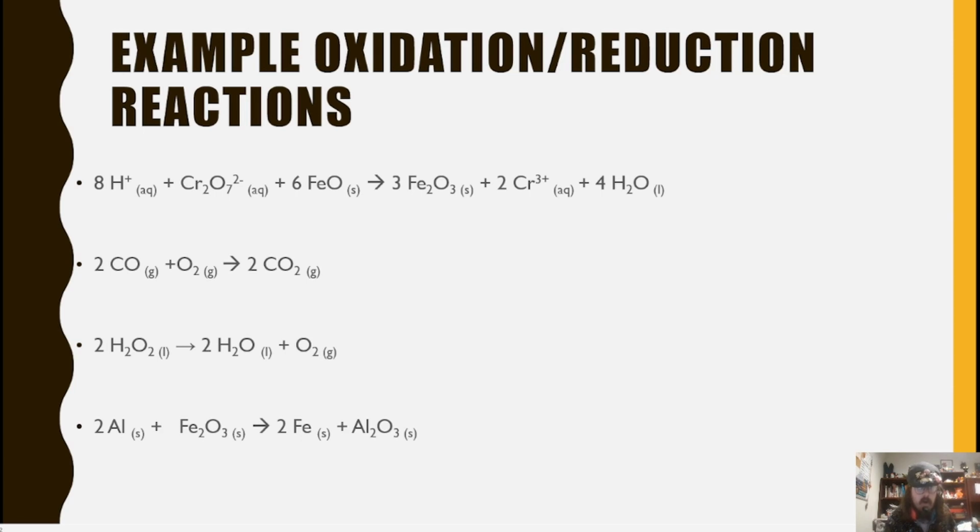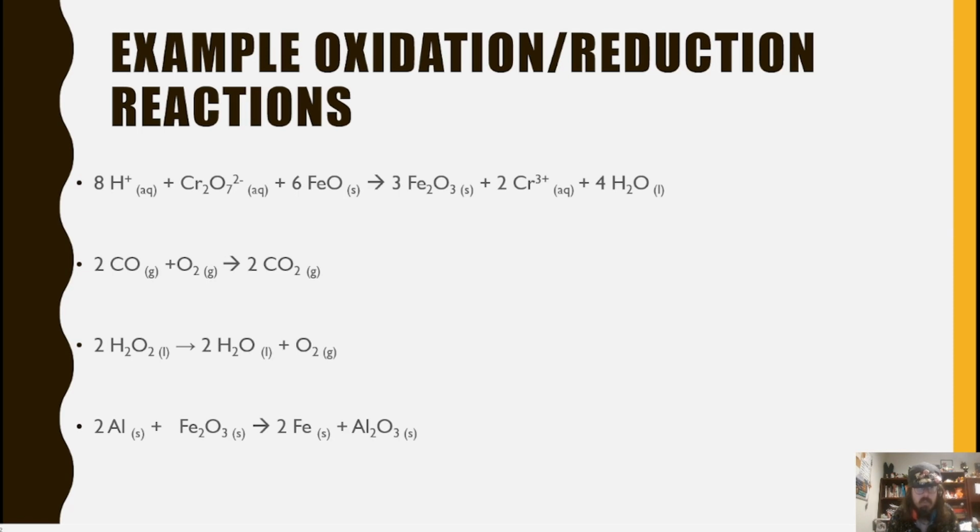Here's our rare peroxide. H2O2 is being oxidized and reduced to form water and oxygen. It's a decomposition reaction. Now you're like, okay, well, what guy's being oxidized? What guy's being reduced? Well, let's look. H is typically +1, except when it's bound with a metal. So H is +1 on the left, H is +1 on the right.